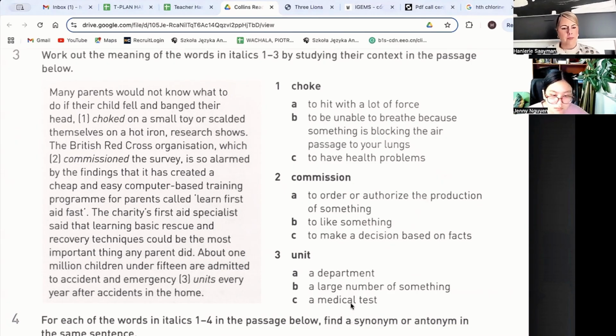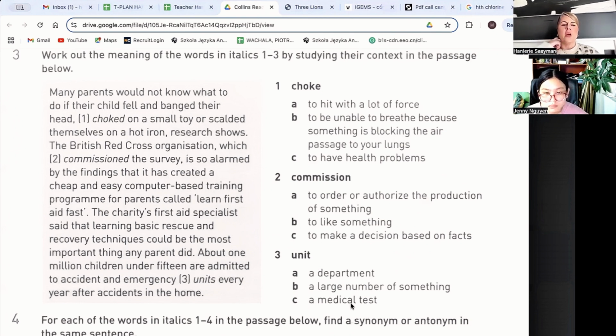The charity, first aid specialists, said that learning basic rescue and recovery techniques could be the most important thing any parent did. About 1 million children under 15 are admitted to accident and emergency units every year after accidents in their home.